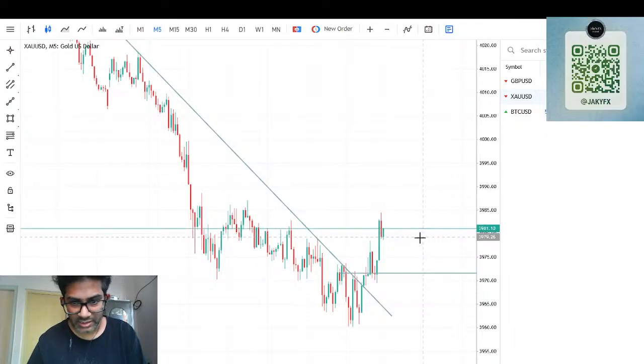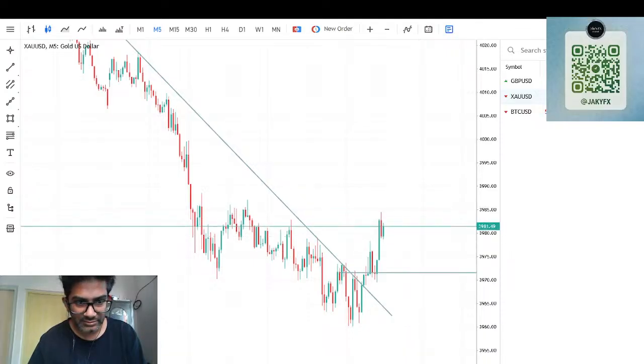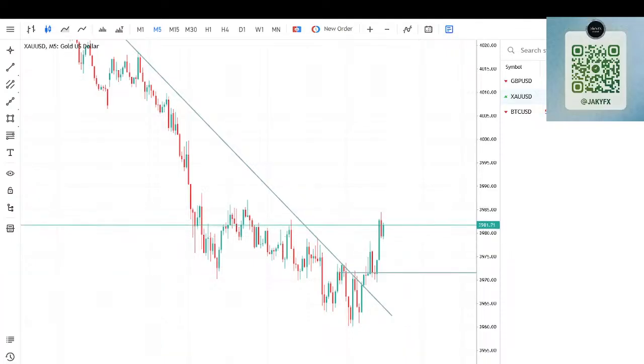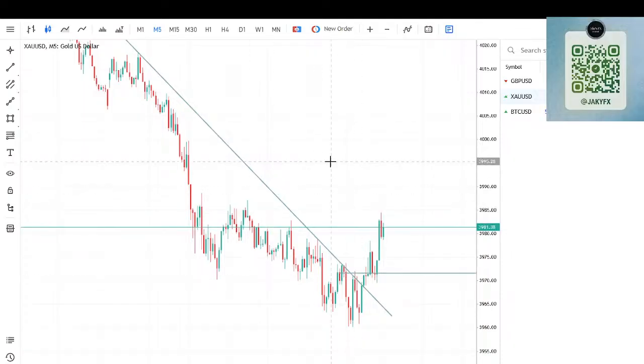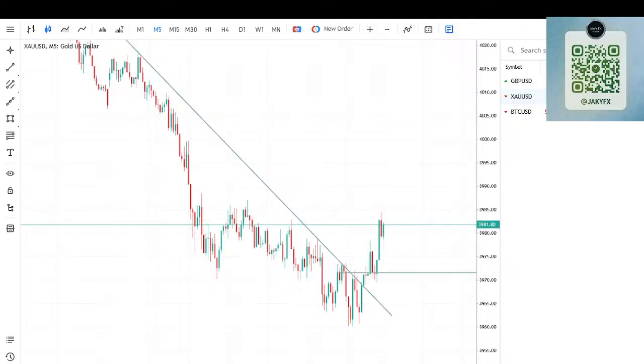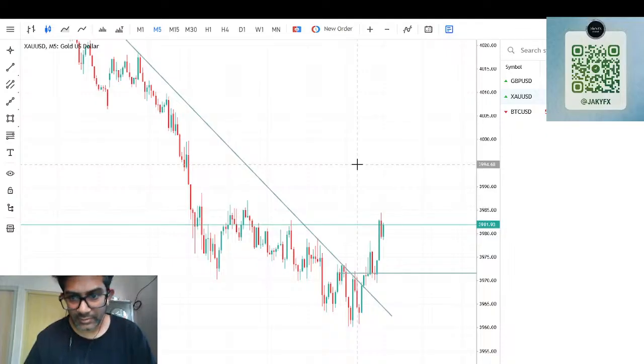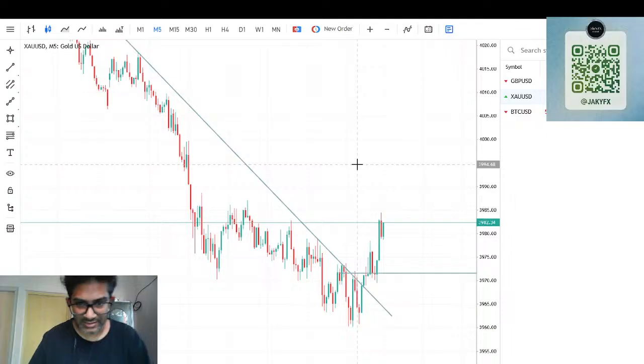Liquidity sweep is just still going on. Yes, the liquidity sweep is still going on.